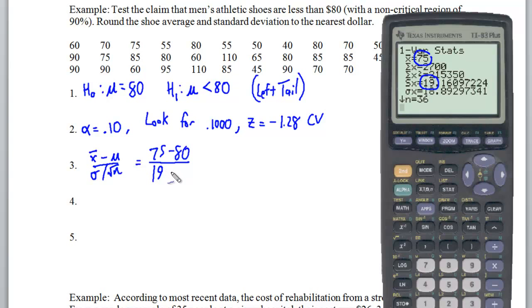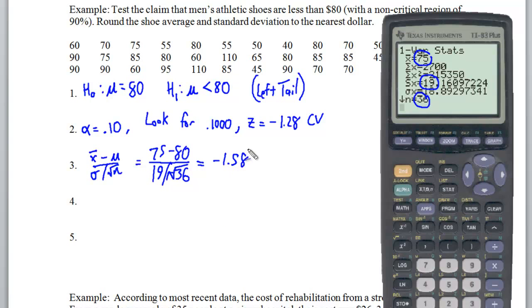So 19 divided by the square root of 36 right there. Okay, and then we have our answer. If you type that in correctly, you should get an answer of negative 1.58.